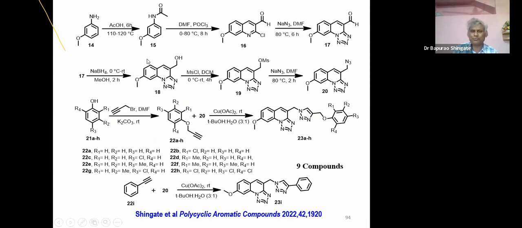Reduction of this aldehyde group to OH followed by mesylation and subjected to nucleophilic substitution reaction with sodium azide. Now we have an azide having tetrazoloquinoline skeleton, and we have already synthesized different types of terminal alkynes from phenols, subjected to a click chemistry approach, resulting in the corresponding tetrazoloquinoline-based 1,4-disubstituted 1,2,3-triazoles.